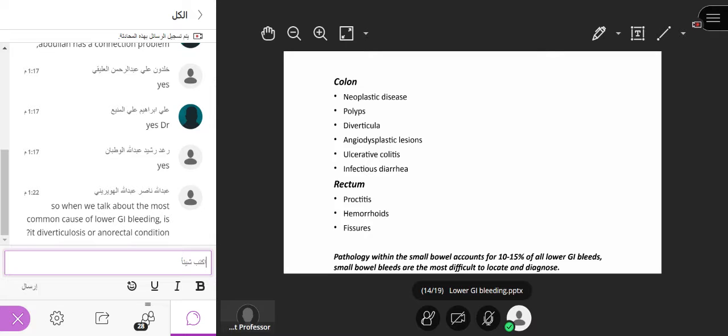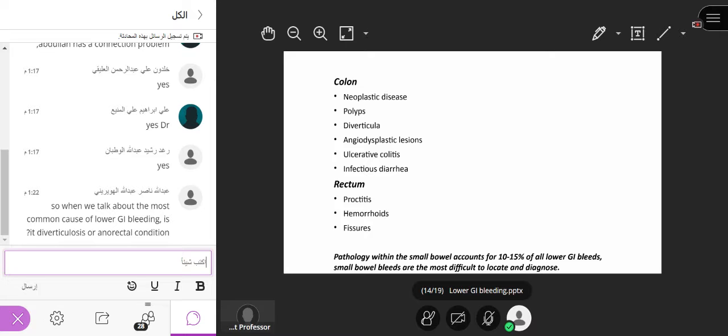So pathology within the small bowel accounts for 10 to 15% of your lower GI bleeding, right? And small bowel bleeds are the most difficult to locate and diagnose. Why? Because upper GI endoscopy can see the esophagus, stomach, and duodenum. Lower GI endoscopy can see from the anus till the cecum. So you are not able to see the jejunum to ileum.